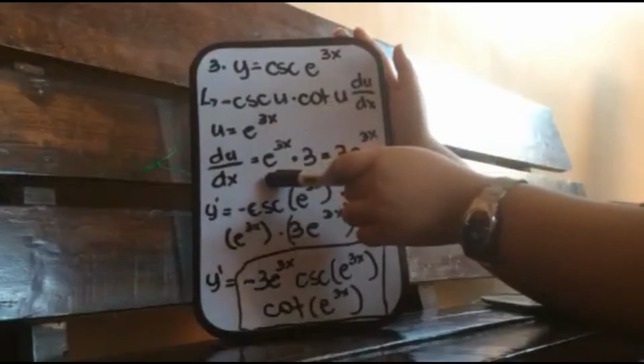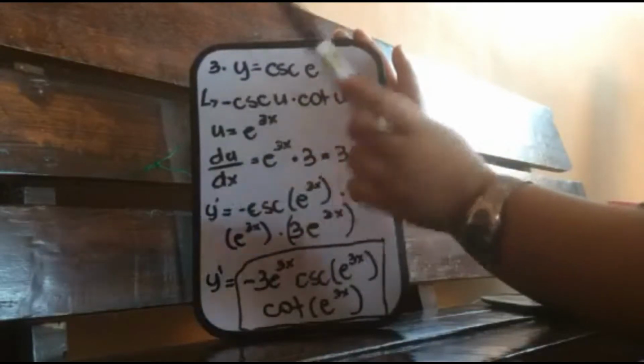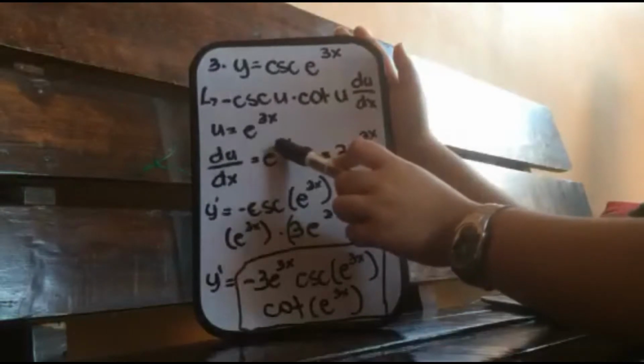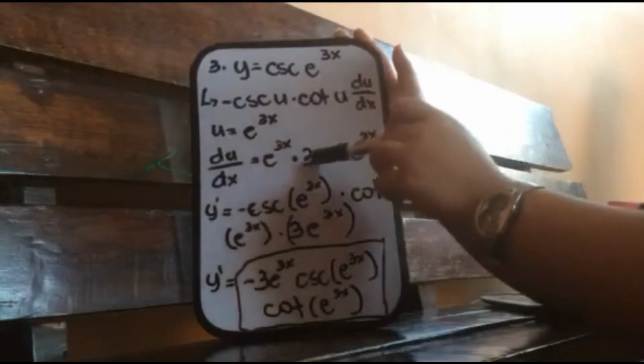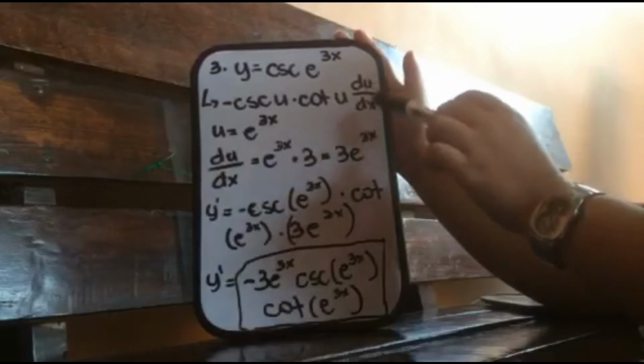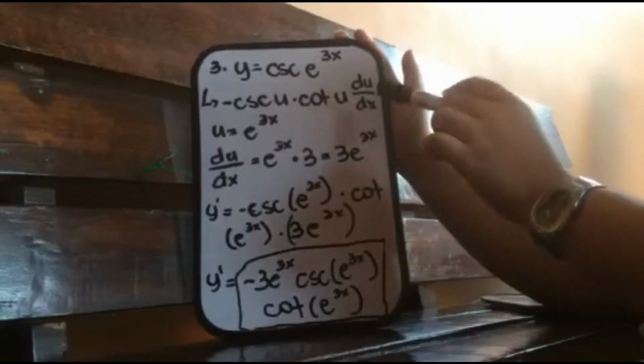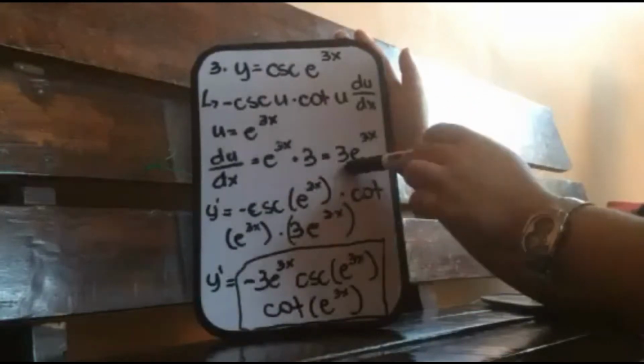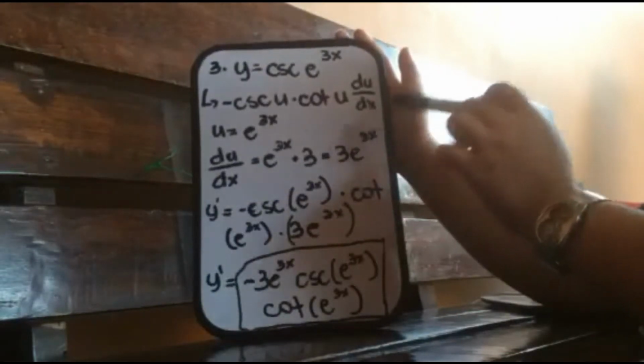So, i-rewrite mo lang siya, tapos yung derivative ng u, eto yung u, which is the exponent. So, ang derivative na exponent natin ay 3. So, eto yung magiging final answer natin para sa derivative of the u over dx with respect to x. So, eto siya, 3e raised to 3x.